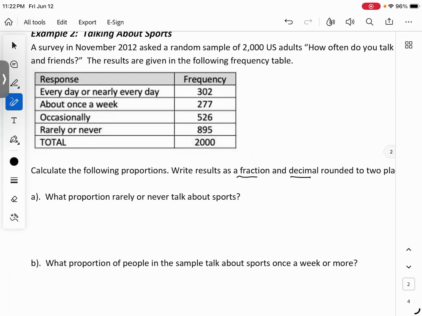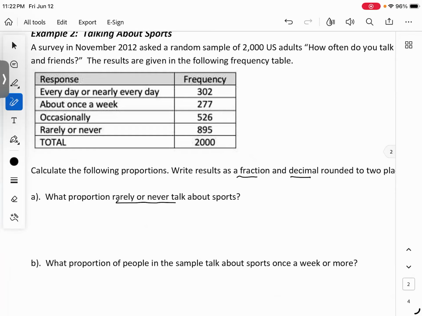But starting off with those who rarely or never talk about sports. And again, I'll always try to stop and pause for just a moment, and of course, you can always pause the video if you need a little bit more time.